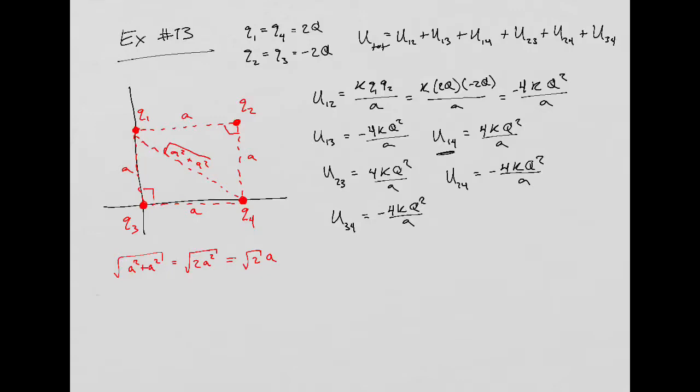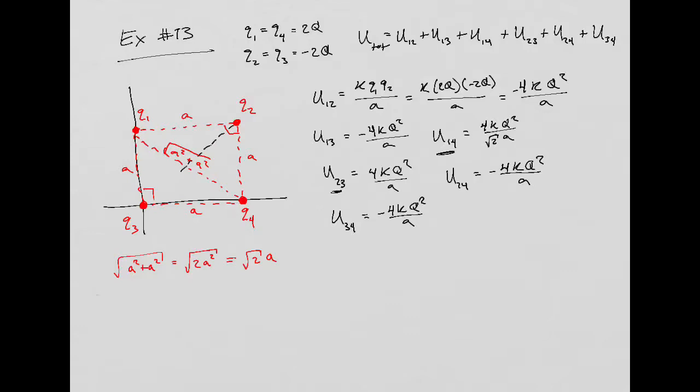Okay, so let's go back to U14. I'm going to erase, let's just rewrite that one. U14, was it positive? Yes, 4kq squared all over square root of 2 times A. And then the other one that's wrong would be U23, right?